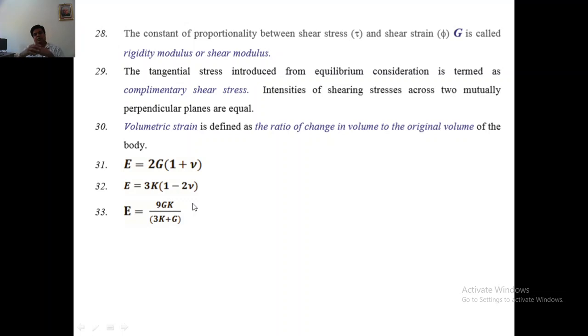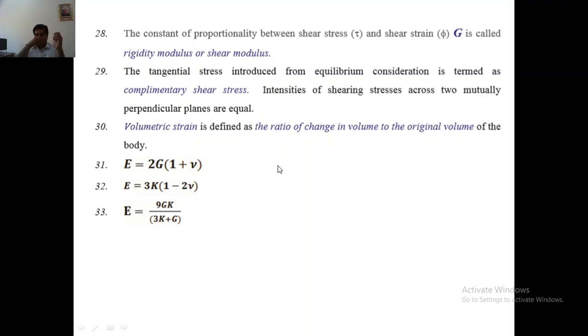Based on these equations you can calculate the stresses and strain in different materials subjected to different kinds of loading, maybe tensile load, compressive load, or shear loads. Based on these three loads, you can calculate normal stresses and shear stresses, and normal strain and shear strain in the components. All the materials used to make machine components, mechanical components or civil structures are subjected to different loads, normal loads or shear loads.